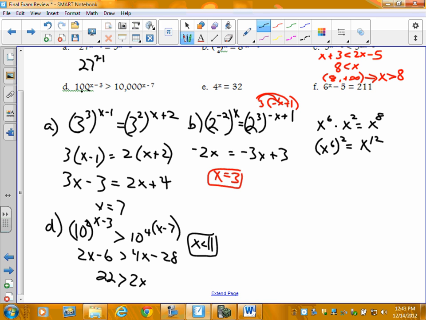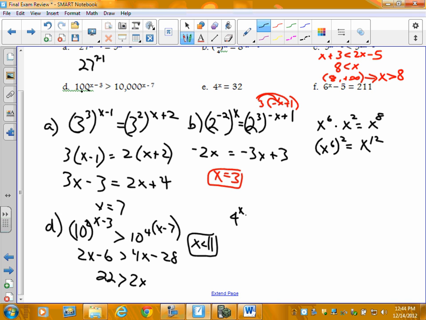So if I throw a 0 in right here, I get 10,000. 0 minus 3 is negative 3, so that'd be 1 over 10,000. This would be 1 over a million. 0 minus 7 would be negative 7. I guess that would be 10 million. So it works. Guys, this is the right answer. It works.